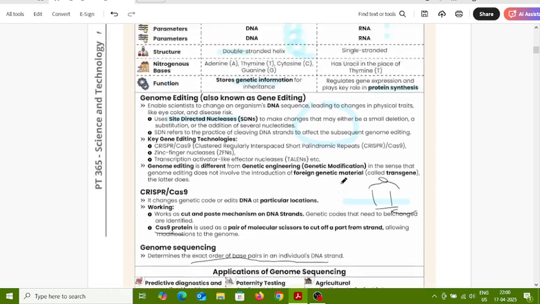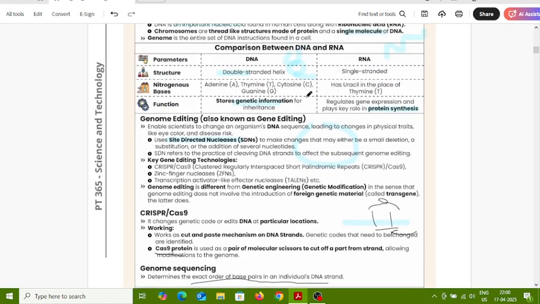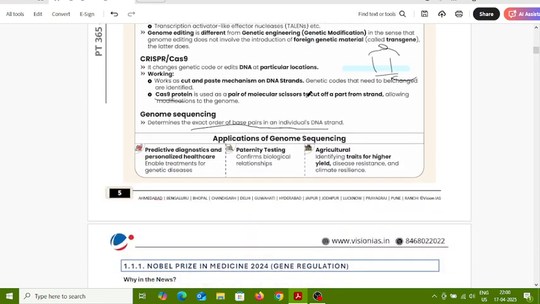Base pair means what we have like A, T, C, G, how these base pairs are arranged in a DNA. अगर हम इसको एग्जैक्ट ऑर्डर में लिख लें पूरा तो that would be genome sequencing. एप्लीकेशन ऑफ जीनोम सिक्वेंसिंग में क्या हो सकता है, पेटर्निटी टेस्ट. लाइक अभी जो सबसे ज़्यादा चलता है वो पेटर्निटी टेस्ट होता है कि हाँ if he is the father of this child और she is the mother of this child or not. Then in the agricultural area is also where we can identify the traits for higher yield, जिससे yield बढ़ जाए, disease resistance हो जाए, climate resilience आ जाए, हम ये चीज़ ऐड कर सकते हैं या फिर find out कर सकते हैं कि which gene is responsible for that. यहाँ पे predictive diagnostic भी हो सकता है.